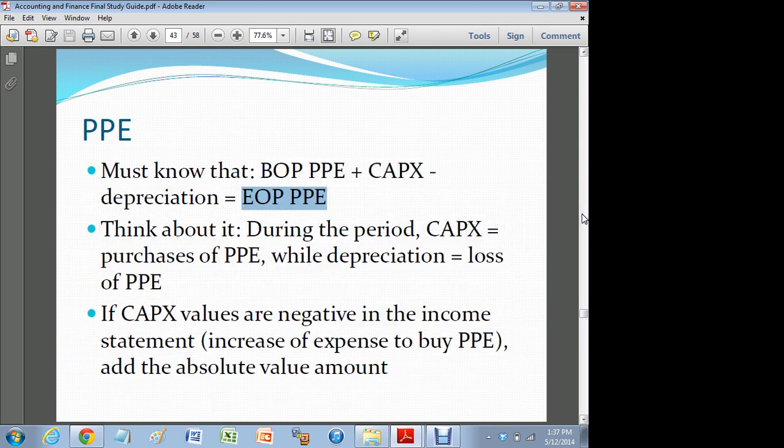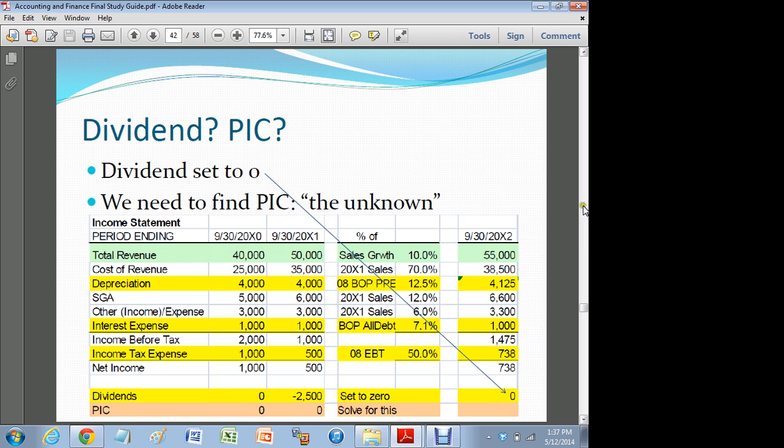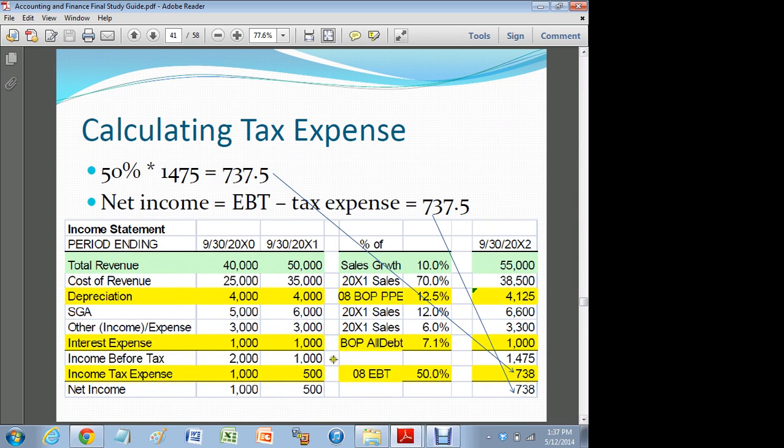Income before tax. Yeah, so we get income before tax by subtracting all the costs from revenue. All the cost, except for the tax expense, because that's what we're going to do next.